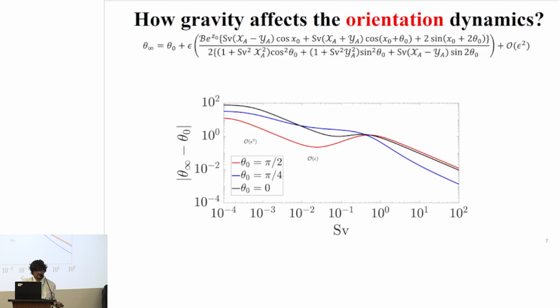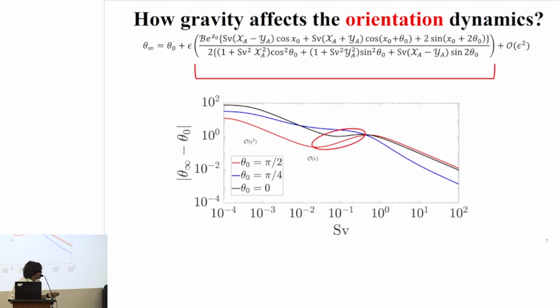Now this steady orientation has a different regime based on the settling number. When my settling number is very large, the steady orientation can be captured by the zeroth order of the regular perturbation technique. When I decrease my settling number, then at an intermediate value of settling number, the orientation dynamics can be captured by the first order term in the regular perturbation technique, and this variation depends on the shape of the particle as well as the initial orientation.